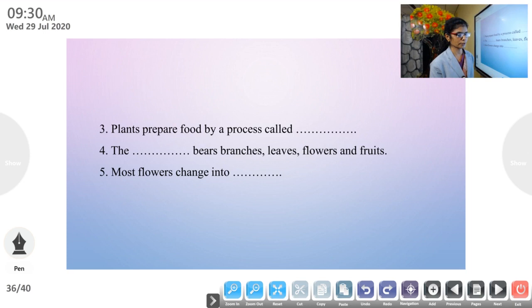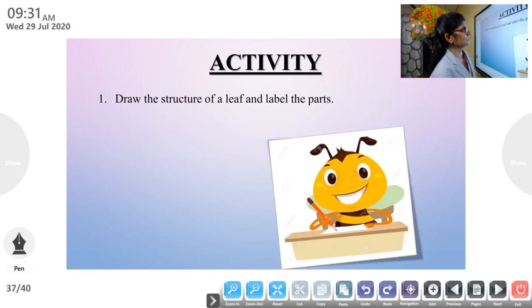This is the assignment questions. Take these questions and write them in your notebook. Then this activity is for you: draw the structure of a leaf and label the parts. You draw it in your notebook, and this is an important question.